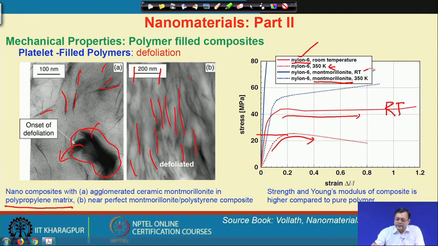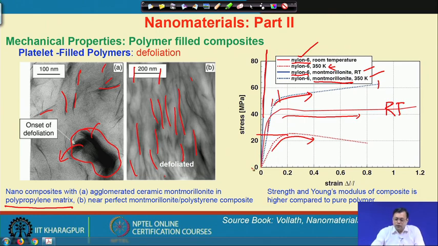However, if we add such silicate or Montmorillonite, then you see both the stiffness and strength have increased compared to nylon 6, and if we further raise the temperature, then it will also provide some plastic strain and so on with a reduced E modulus.